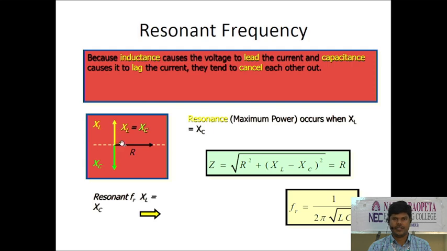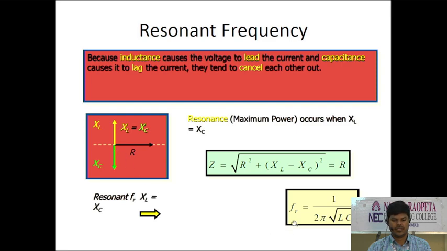For the inductor, XL has a 90 degree phase angle, and XC is also 90 degrees. Previously we said that whichever element is dominating, the circuit will be either inductive or capacitive. Whereas in resonance, XL and XC are exactly equal, that is 2 pi fL and 1 by 2 pi fC are exactly equal. Only then do we get the concept of resonance, with maximum response.